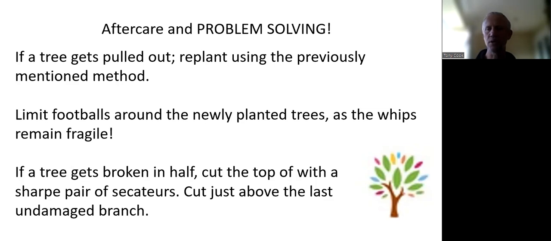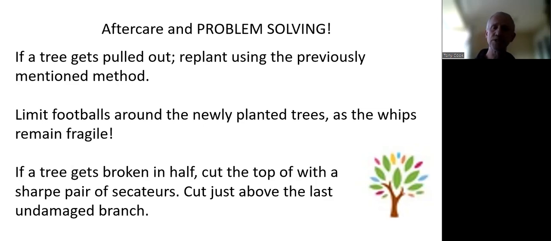Dig a new hole, 20 centimeters deep, 20 centimeters wide, and 20 long, and replant by the method previously mentioned. So there's no alternative for that. Also limiting footballs and children's games where they might run around a newly planted area, because the whips remain fragile, and they will remain fragile for a couple of years.